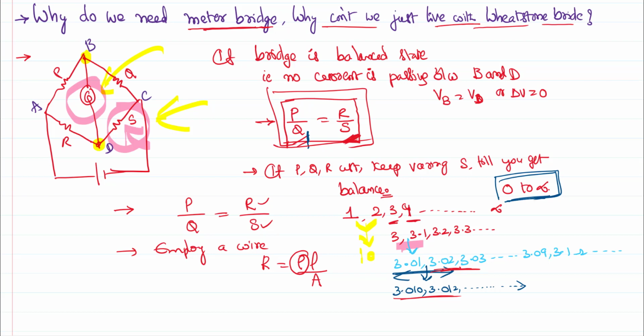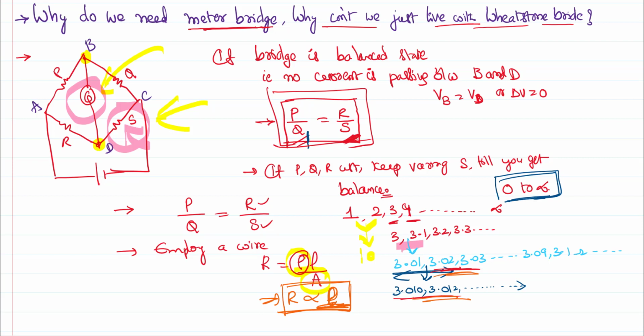Take a single wire, its rho is fixed. Take a wire of uniform area of cross section, its area is fixed. In that case, resistance is directly proportional to length. So vary the length by each millimeter, so that getting your balance becomes much simpler than doing it like this practically.